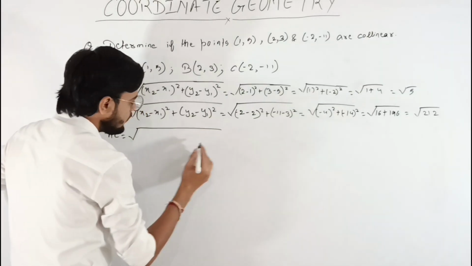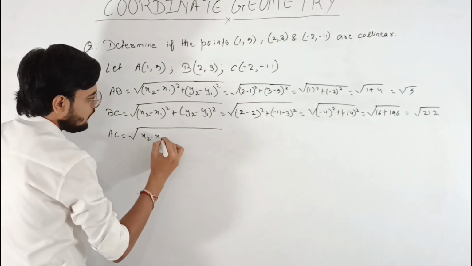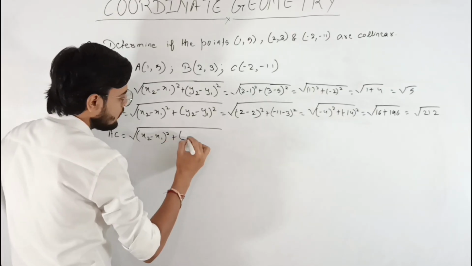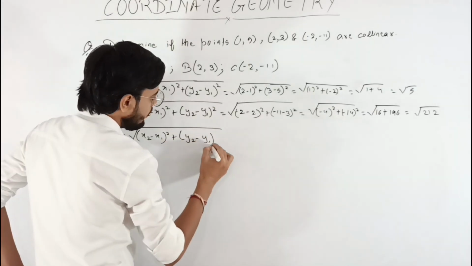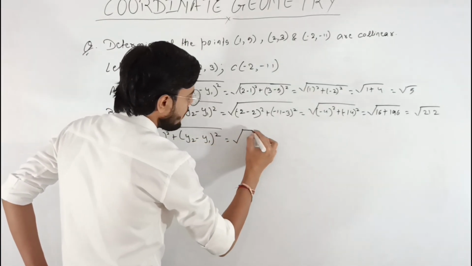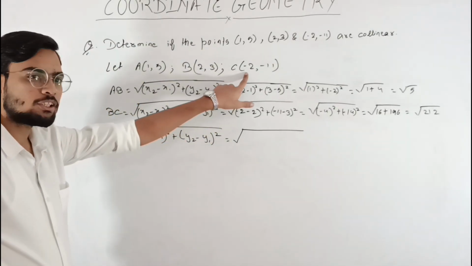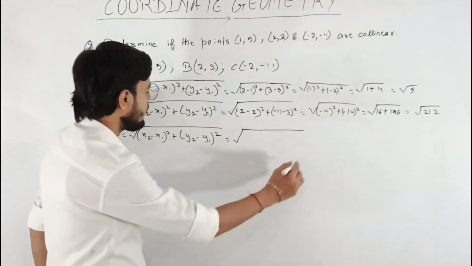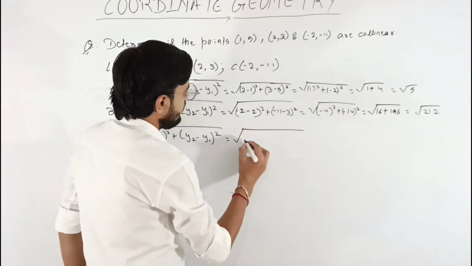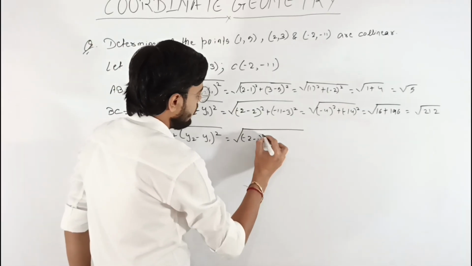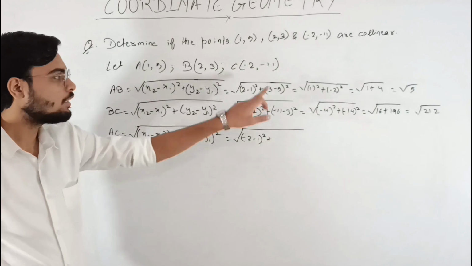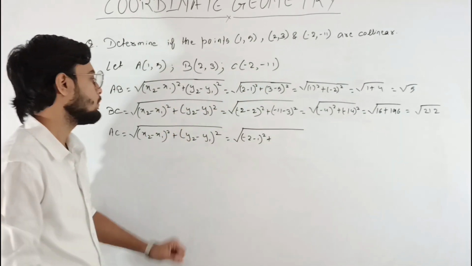Now we find the distance between A and C, which is AC. Again by using the distance formula, root of (x2 minus x1) square plus (y2 minus y1) square, which is equal to what? x2 is minus 2, x1 is 1. So (minus 2 minus 1) square plus y2 minus y1, y2 is minus 11, y1 is 5.